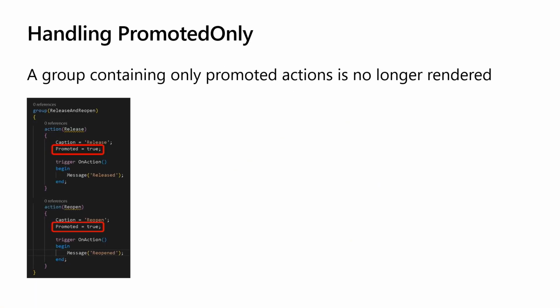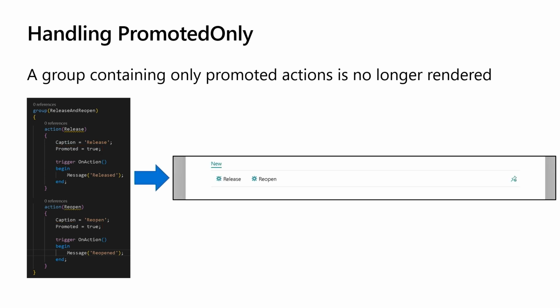So that's another thing with these promoted only settings: if you have a group which only contains promoted actions, then the group itself is no longer rendered, right? Because there's nothing really to show there. Everything has been promoted. Normally, we would have seen a group rendered.